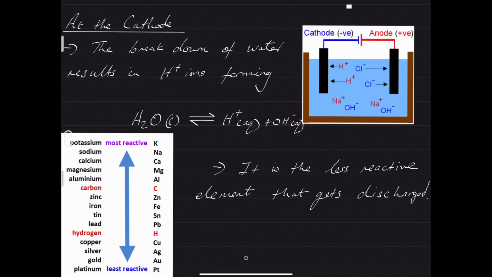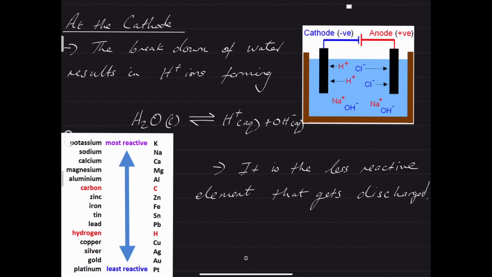As a rule of thumb, the less reactive element of the two ions that are migrating towards the cathode will get discharged. So if we take sodium and hydrogen, hydrogen is less reactive than sodium. Therefore, it gets discharged first.